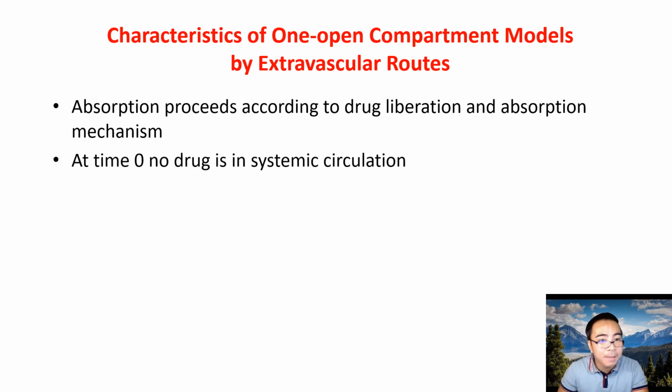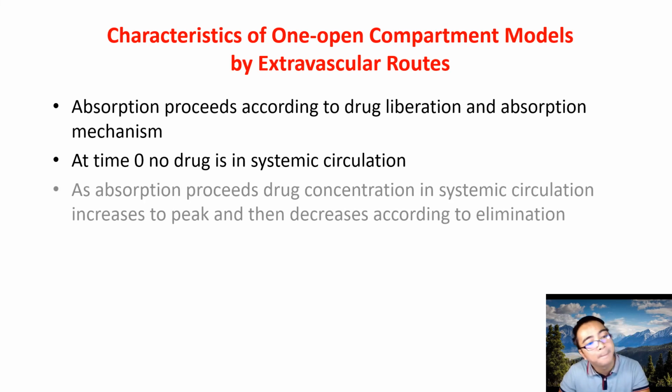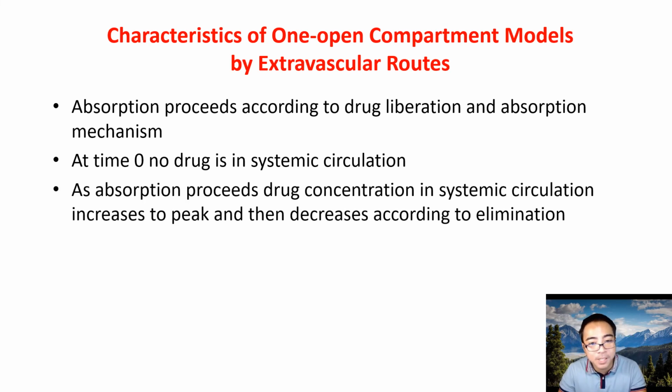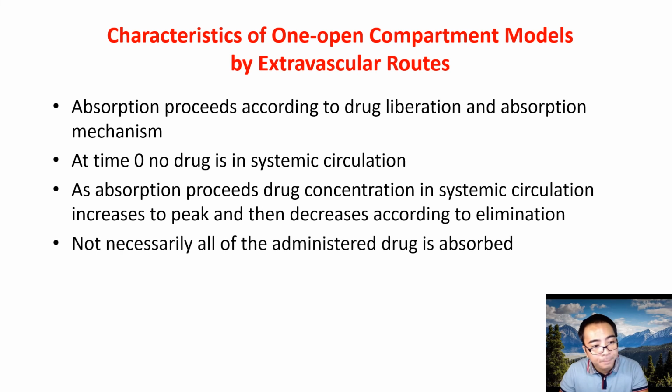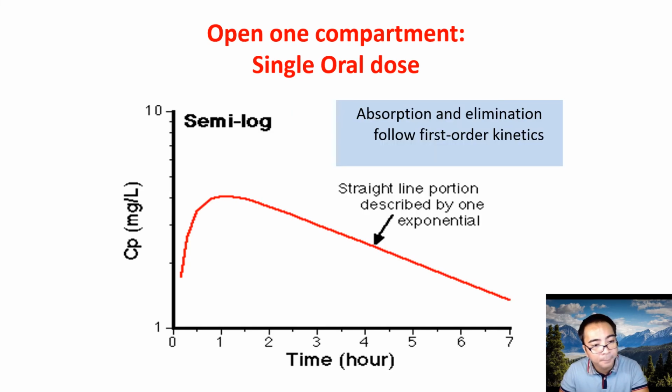So at zero time, no drug is in the systemic circulation because it has to undergo the absorption process. As absorption proceeds, drug concentration in the systemic circulation increases to a peak and then decreases according to elimination. It's not necessarily that all of the administered drug is absorbed, so some can be eliminated immediately or excreted in its unchanged form.